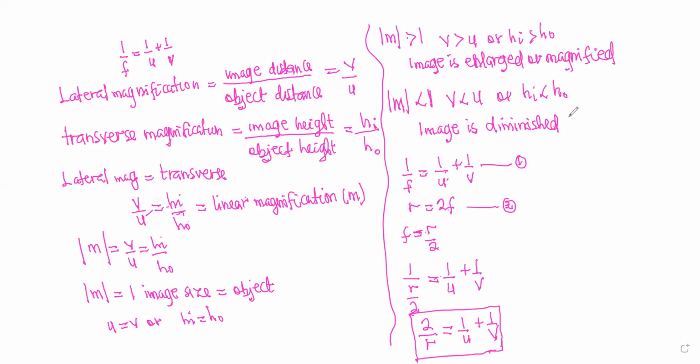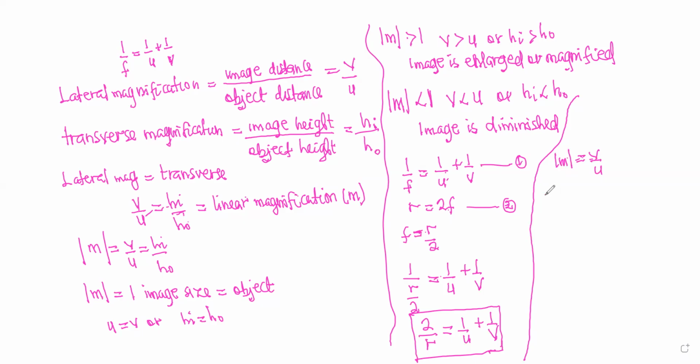Okay, we can also express the same mirror formula in terms of the linear magnification. Linear magnification, and this is lateral magnification, is equal to V over U, image distance over object distance.